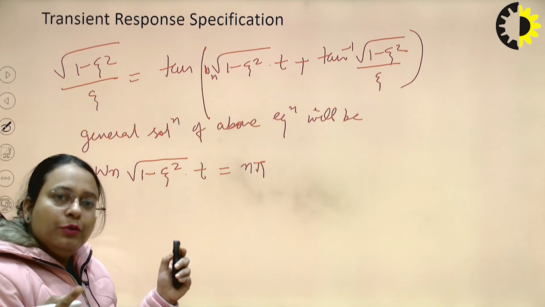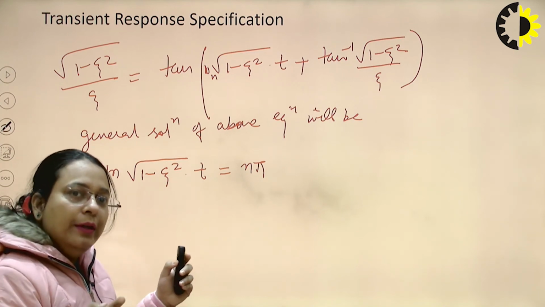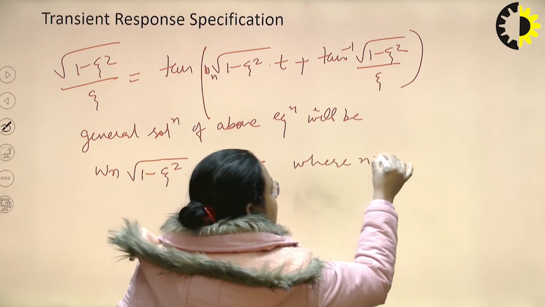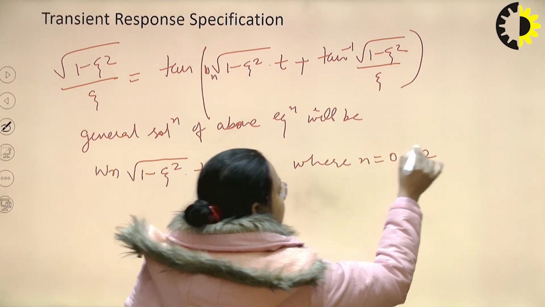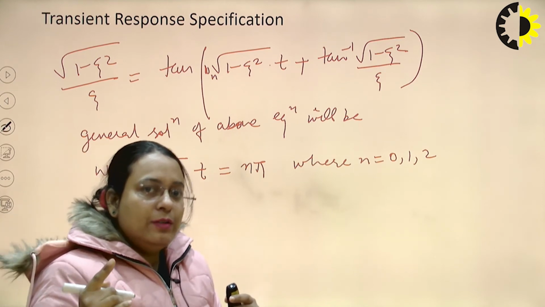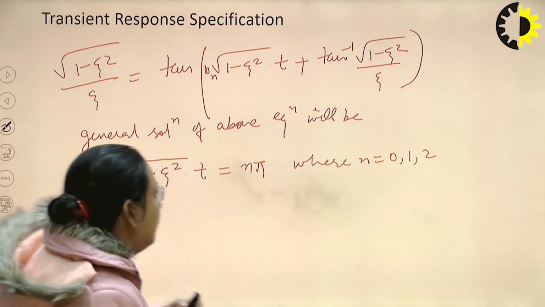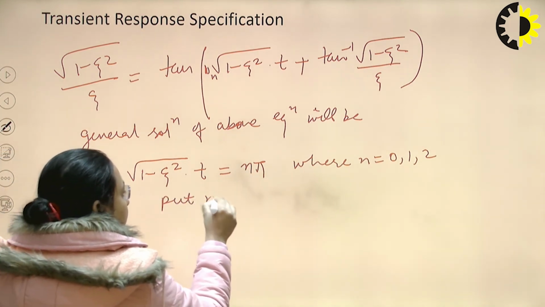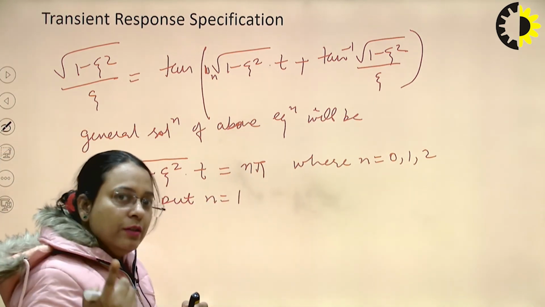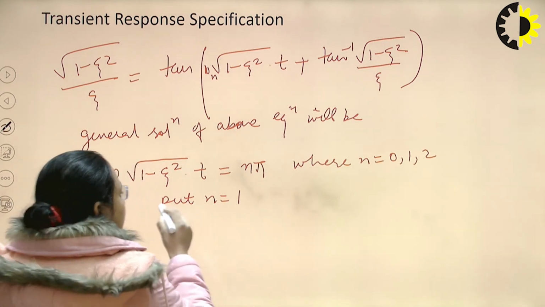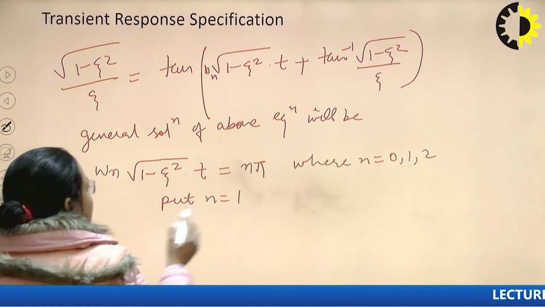The peak overshoot occurs where n equals 0, 1, 2, but the peak overshoot occurs at the very first instant when n equals 1. At n equals 2 we get the first undershoot, and at n equals 1 we get the first overshoot. So we put n equals 1 here.